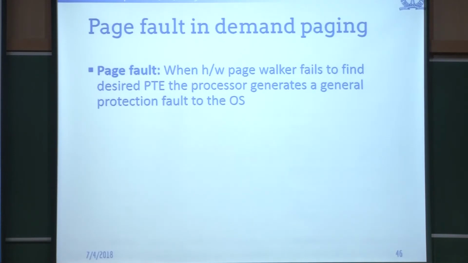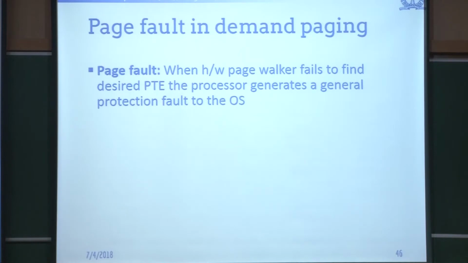How did it know? It has an entry in the VM area, but not in the page table. So it knows I was playing this game of demand paging. Now this is the first time it is accessing it, so I have to find a physical memory page and create the page table entry. This is how you handle the page fault.